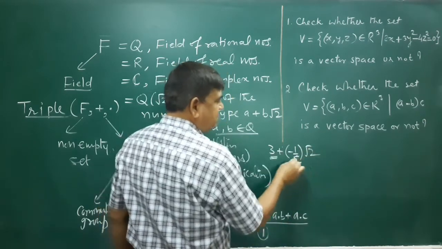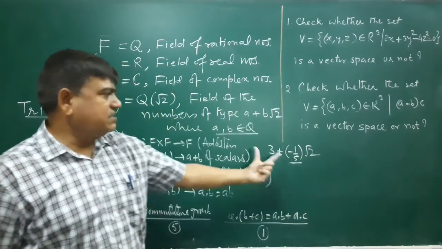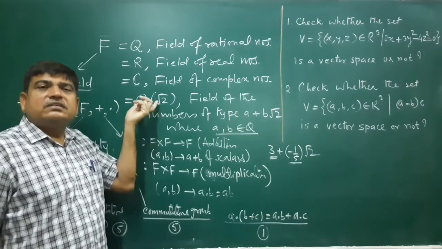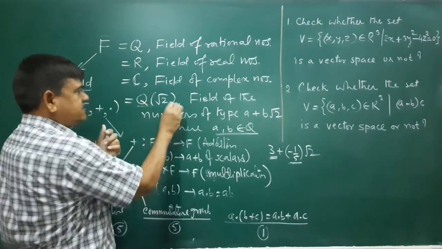Here, this is a rational number, this is also a rational number. So this type of number is a member of this particular set.